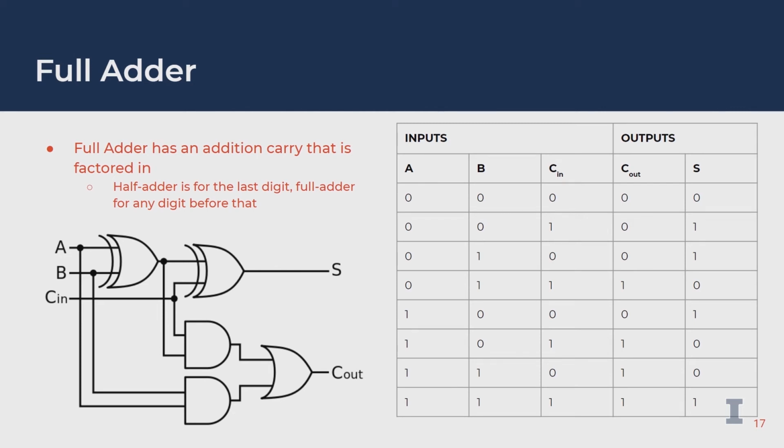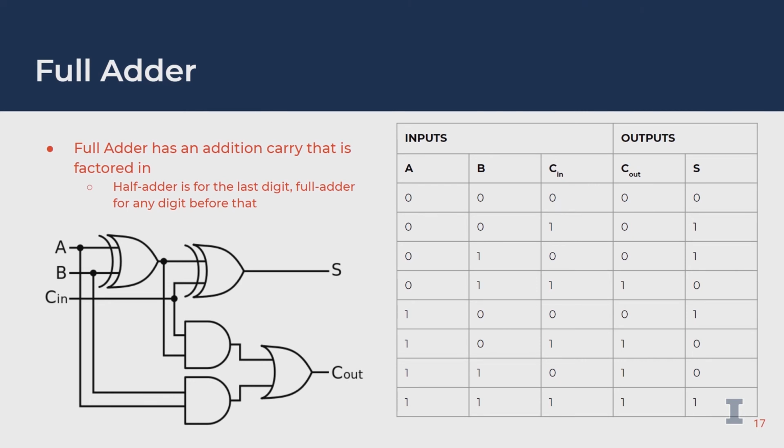So if we add 1 plus 1, we get 2, which we can carry out. But if we have 1 plus 1 plus 1, that's going to be a 3. So that carries out 1 to the next place, and the 1 stays there. Kind of like when we add 9 plus 4, we keep 3 there and then carry 1 over. That makes sense?